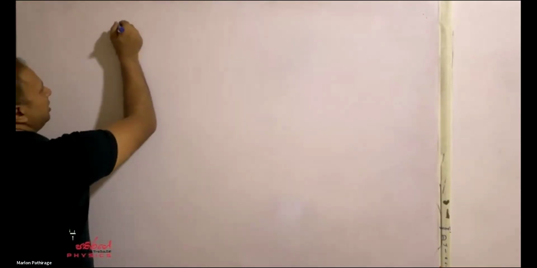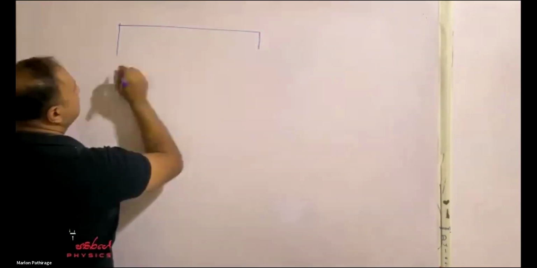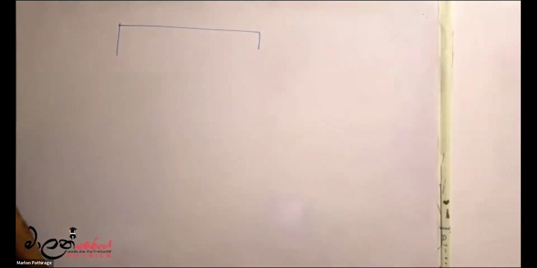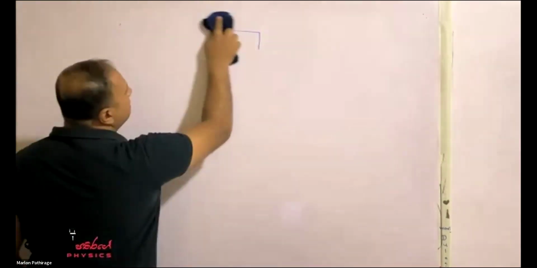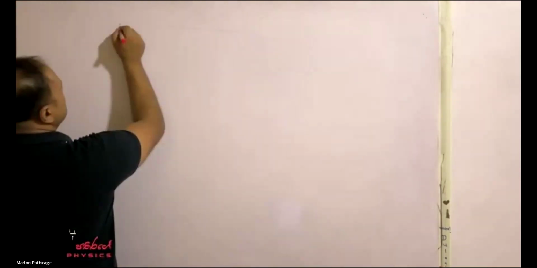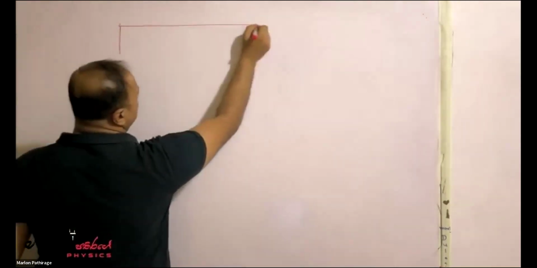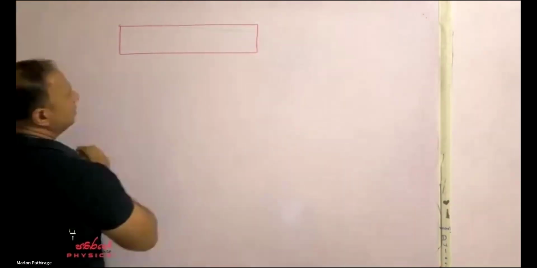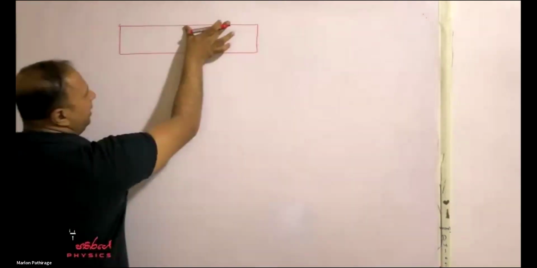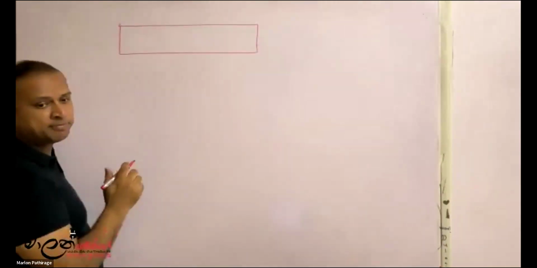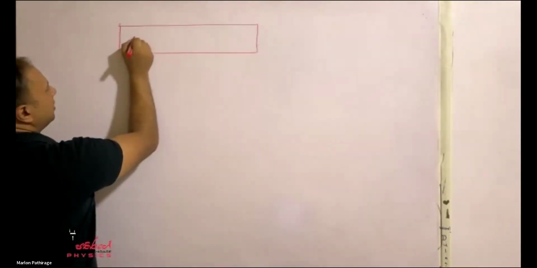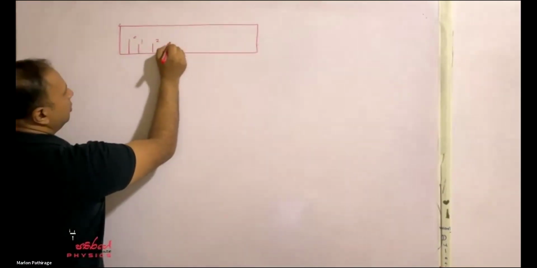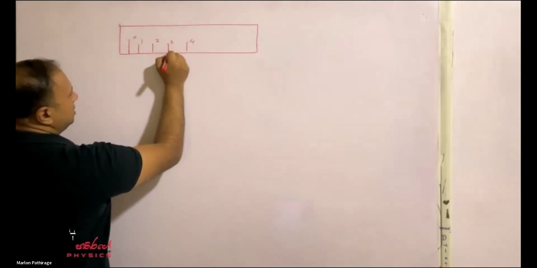So suppose this is the main scale, Pute. There are two scales, the main scale and the vernier scale. The main scale reads 0, 1, 2, 3, 4, something like this.